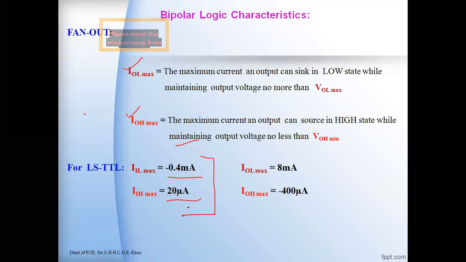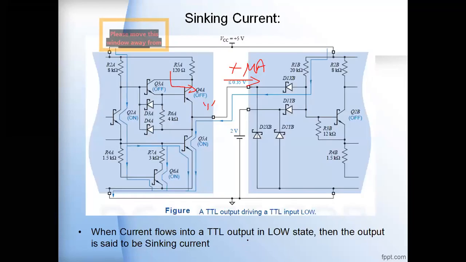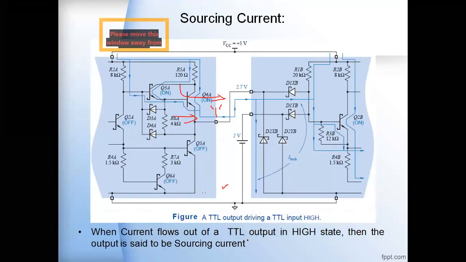Now, see the other two parameters, IOL maximum and IOH maximum. To understand these two, we will go to the source current here. Take IOL maximum. What do you mean by this IOL here? It is the logic state of the output.